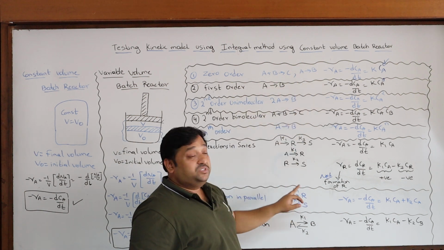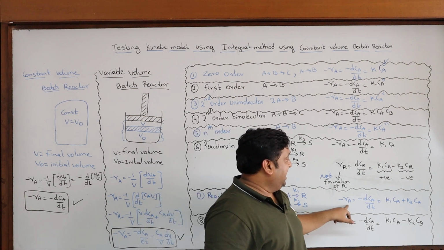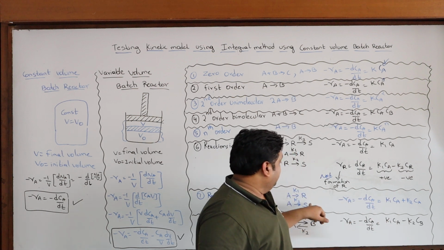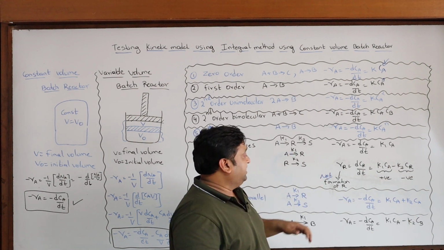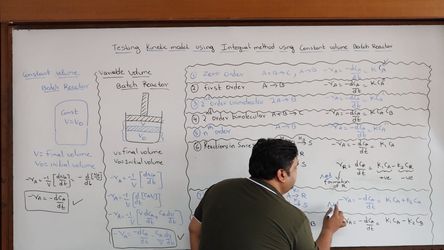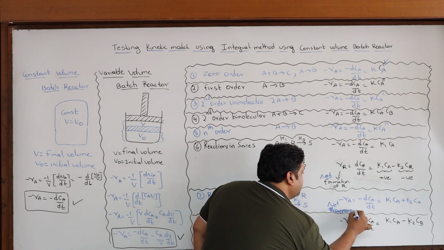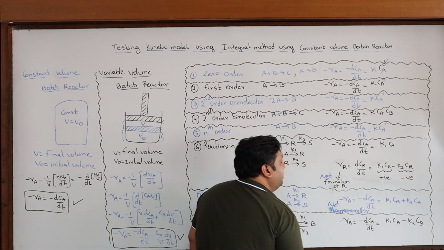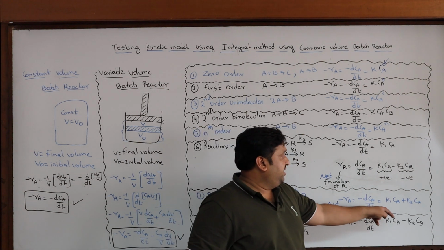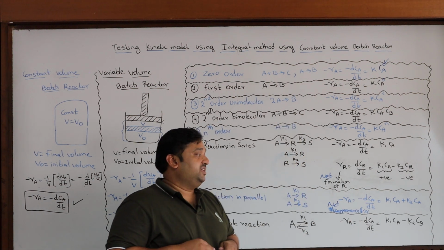Here there are two decomposing reactions: A gives rise to R and A gives rise to S. That is why minus Ra equal to minus dCA by dt is K1Ca plus K2Ca. That is called the net decomposition or disappearance of A because of these two reactions.